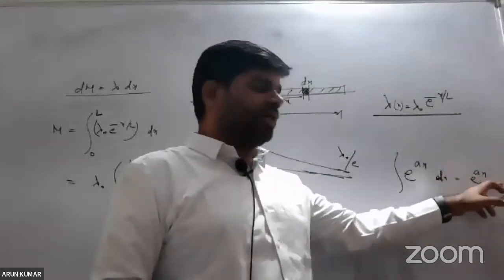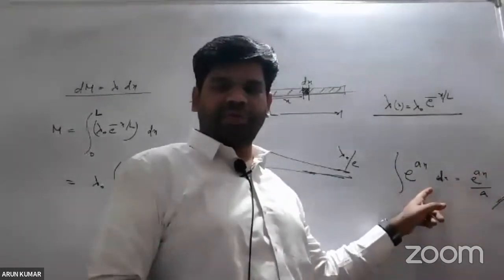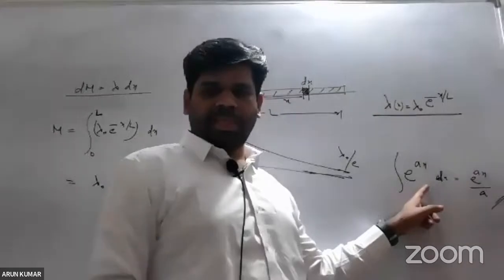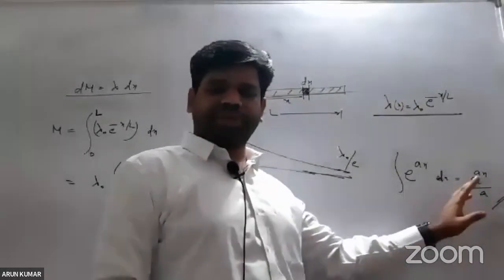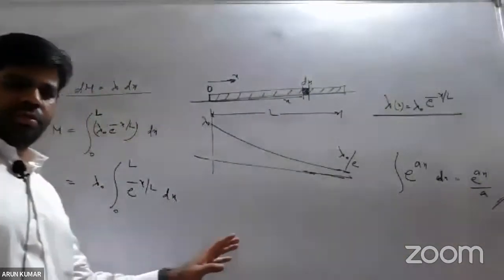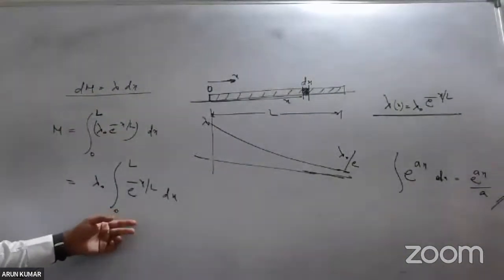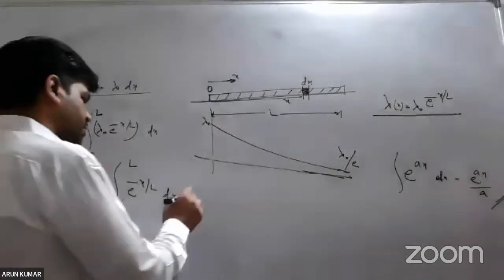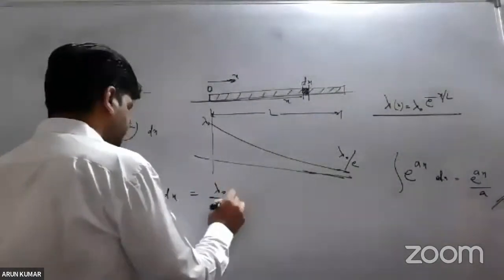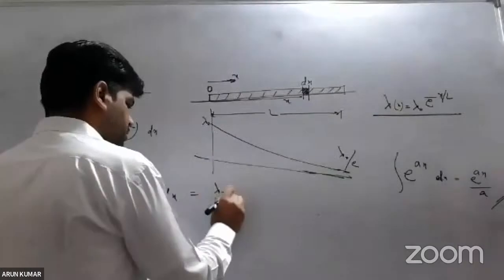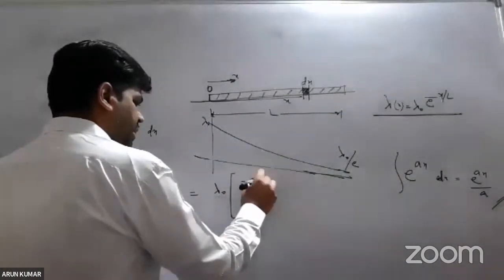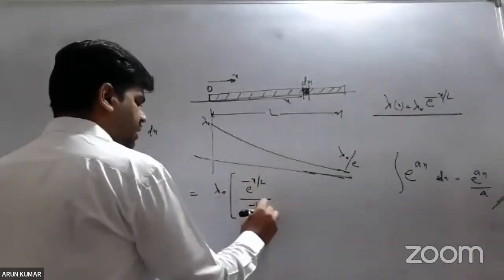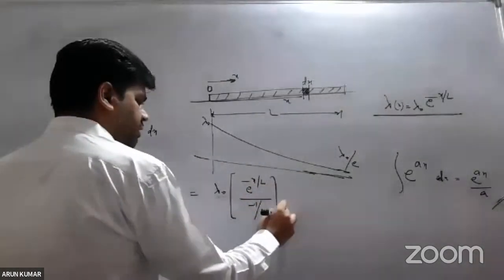E power ax by a into a. The a gets cancelled out. I'll have e power ax. So the derivative of this is this, so the integral of this is this. That's fine. So the integral of this would be lambda naught into e power minus x by L by minus 1 by L under limit 0 to L.